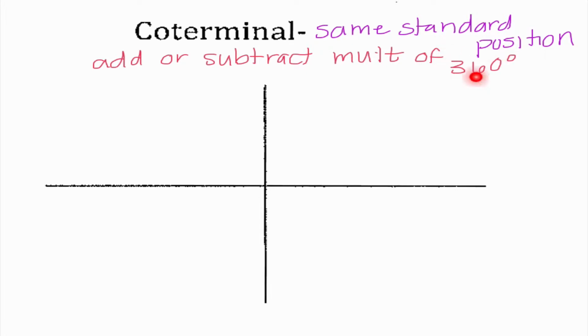Okay, and the significance of 360 degrees, notice I had to use my degree symbol. That is super important. But 360 we know is a full circle. So my other option would be if I used 2 pi, and we'll get into that in a moment. But 2 pi represents a full circle in radians.